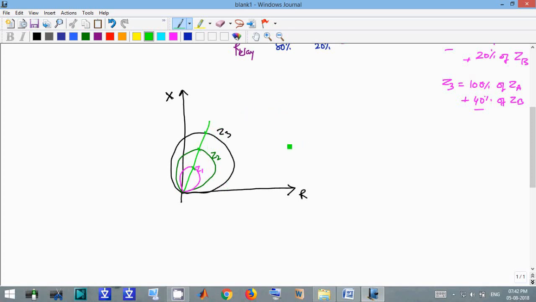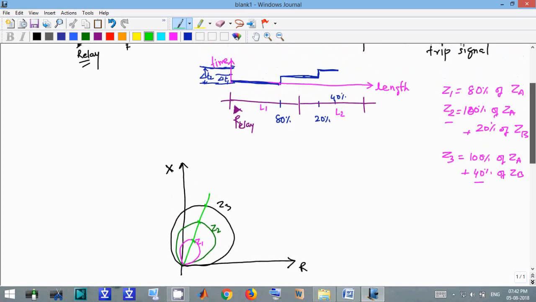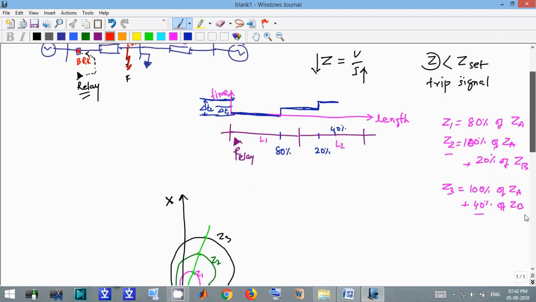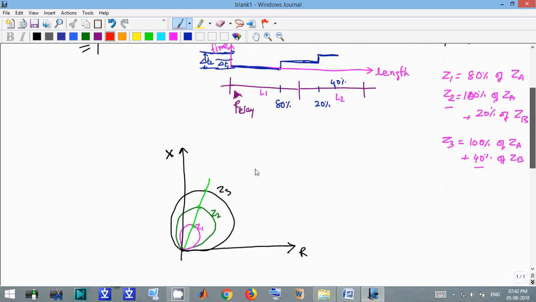Now, the apparent impedance seen by the relay. If we go back to the figure, in this case, say a fault occurs at 70% of the transmission line. It will be inside zone 1, as zone 1 is 80% of the transmission line, right?